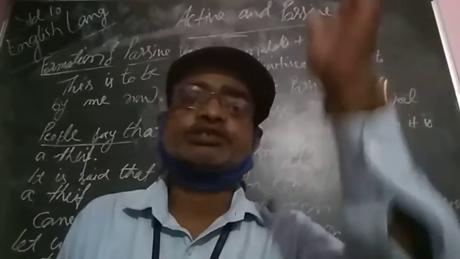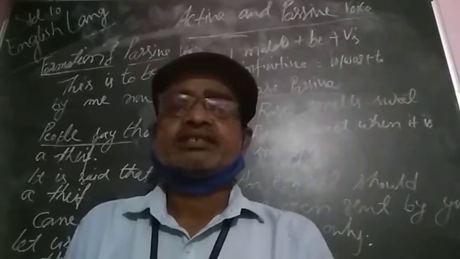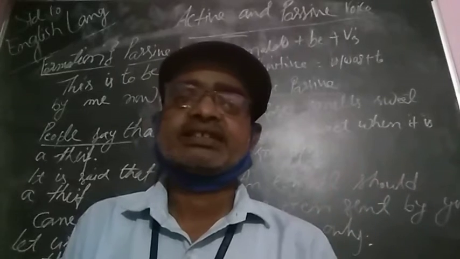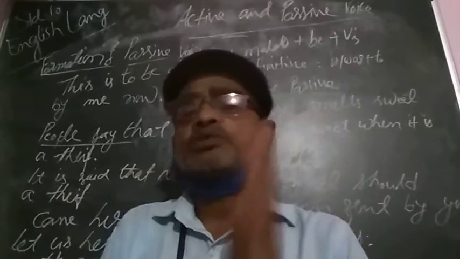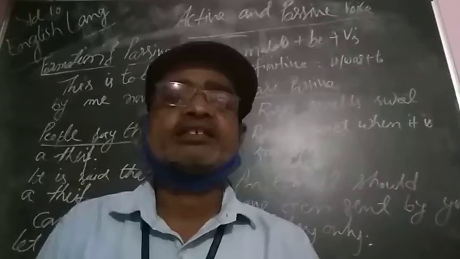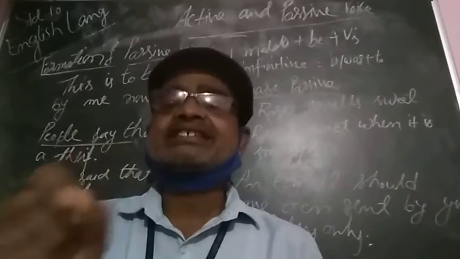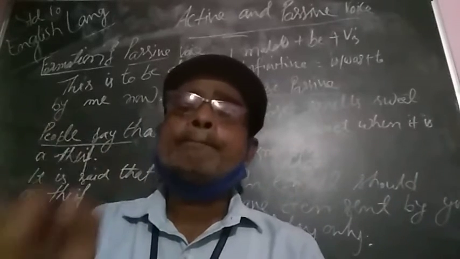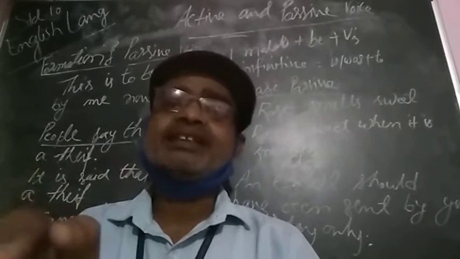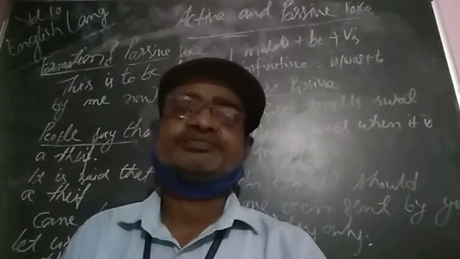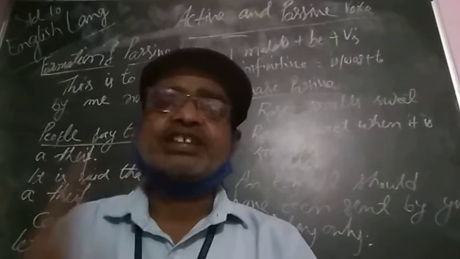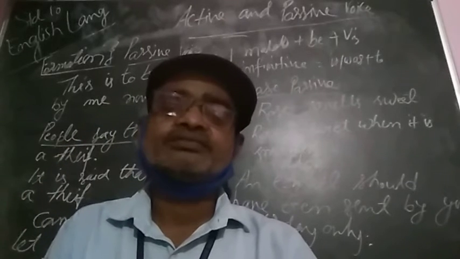This was present simple tense, past simple tense, and future simple tense. Now come to continuous tense, means present continuous. Okay. So is RM plus being, then plus V3. He is reading a story now.